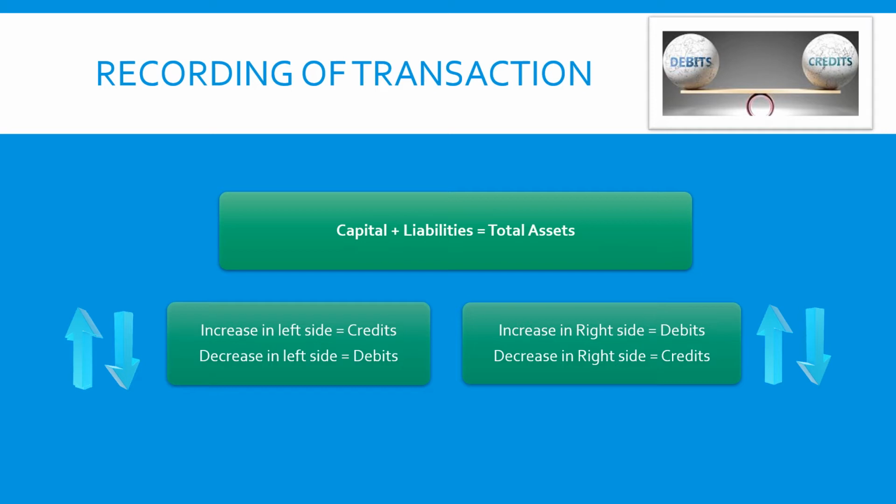So an increase in your capital or liabilities, we term as credits. At the same time, an increase in your right side, that is your total assets, we term as debits. Similarly, the vice versa is also true.